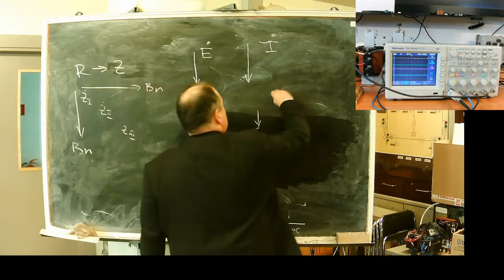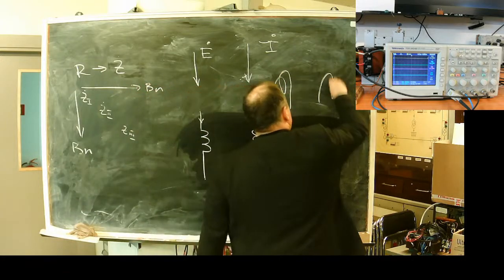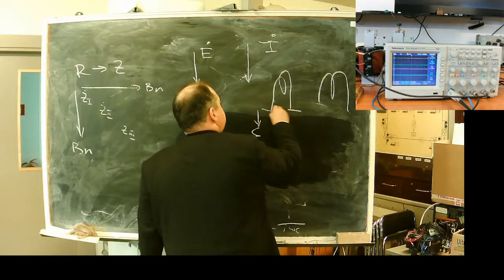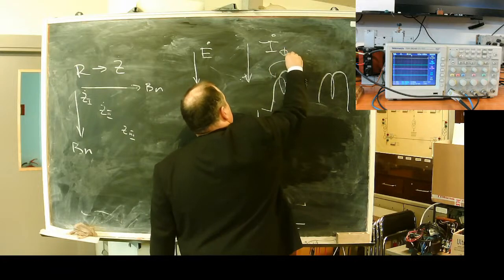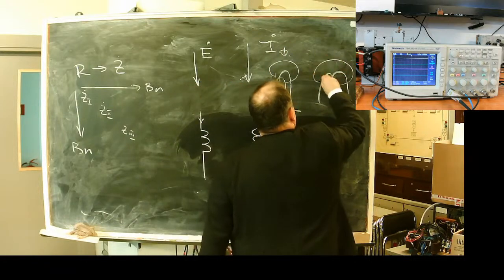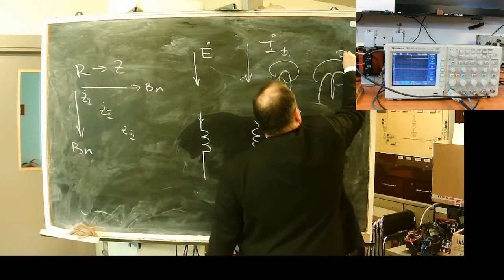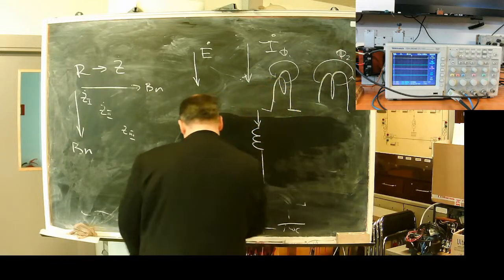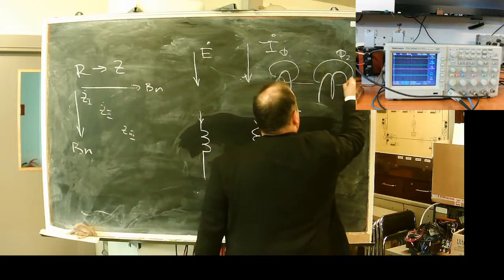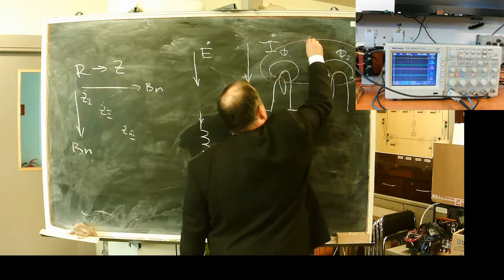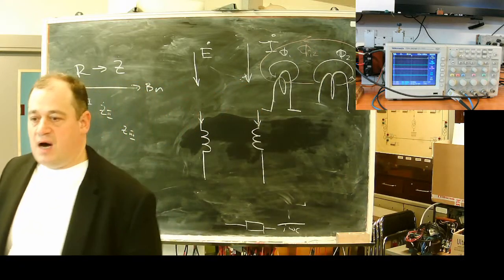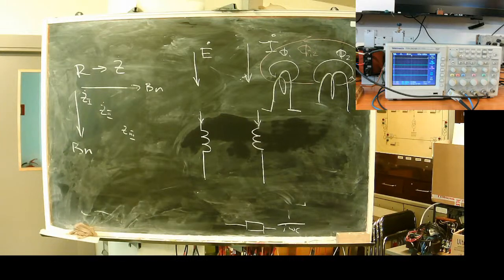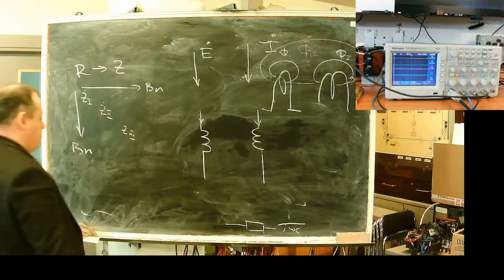Let's say we have coil 1 and coil 2, each has its own flux, but they also have a common flux or mutual flux. They are coupled. In such a case, we speak about a coupled network, magnetic coupling.